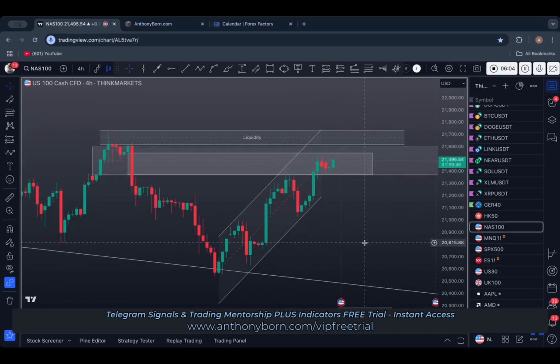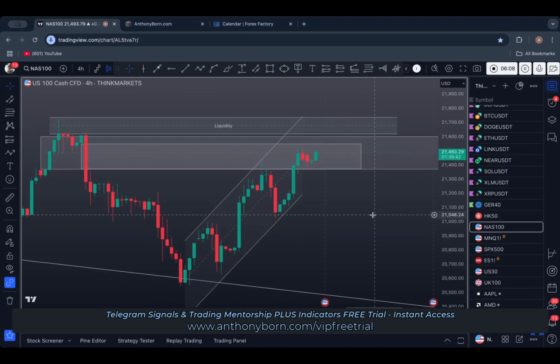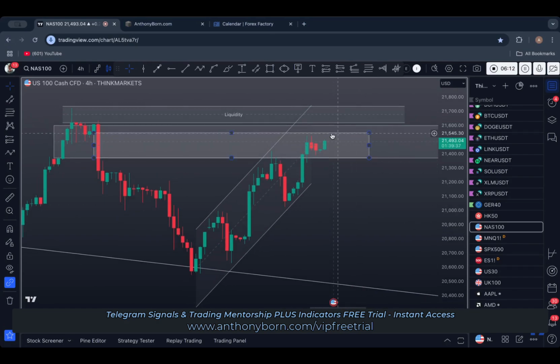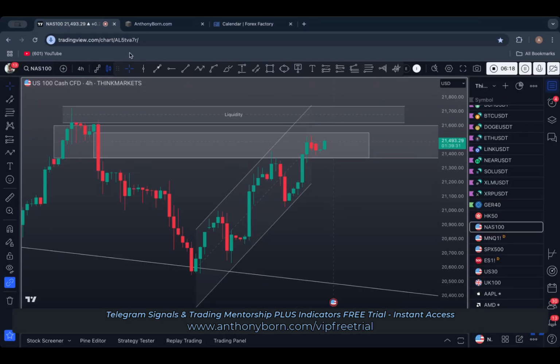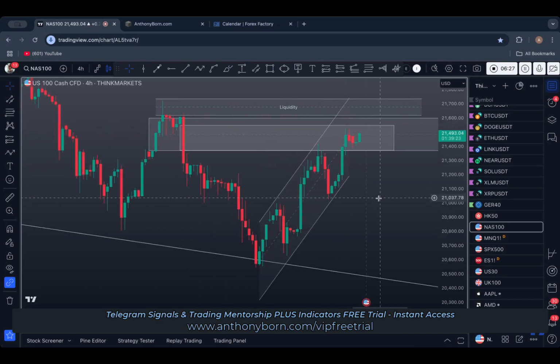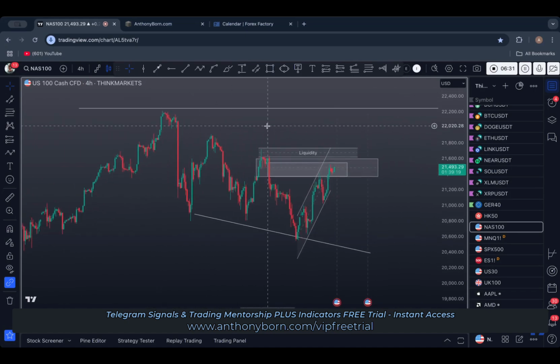So I think the way to approach it is on Monday, sit back, keep an eye on things. Let's see how things pan out with this WEF thing going on. Because we're going to see volatility, it's going to run stops. And then Tuesday, hopefully it settles into something, and then we might get our teeth into it, right? So coming back, look at this.